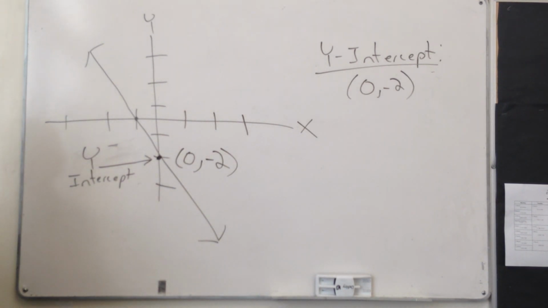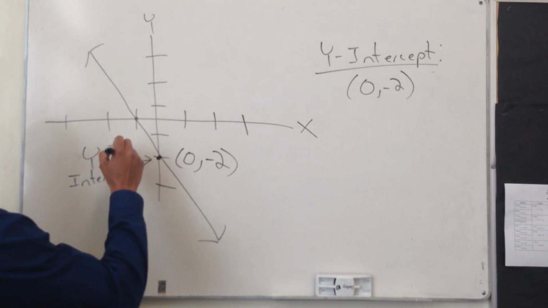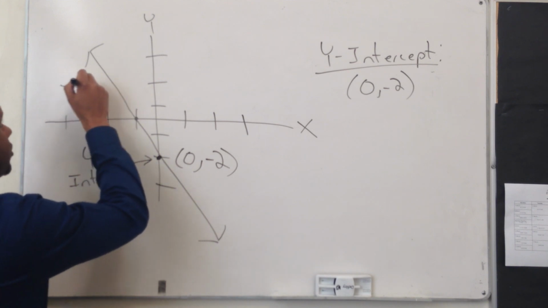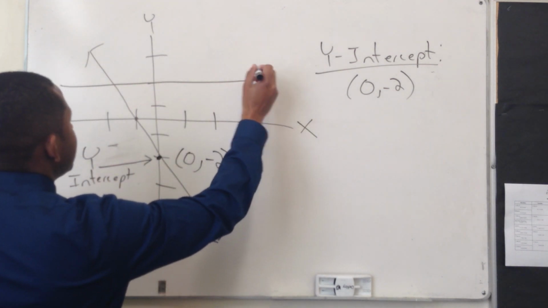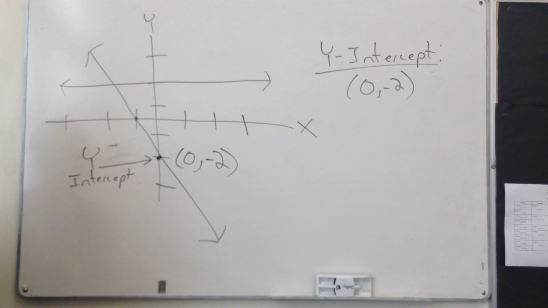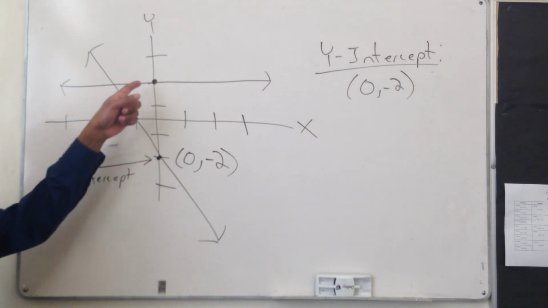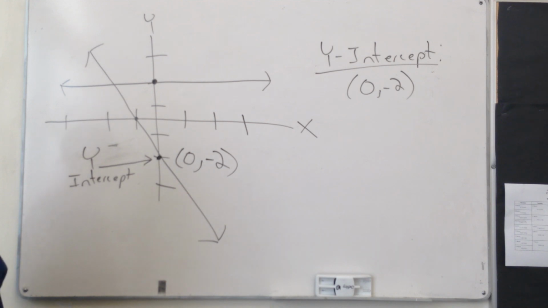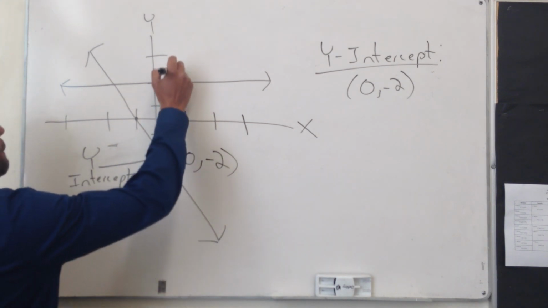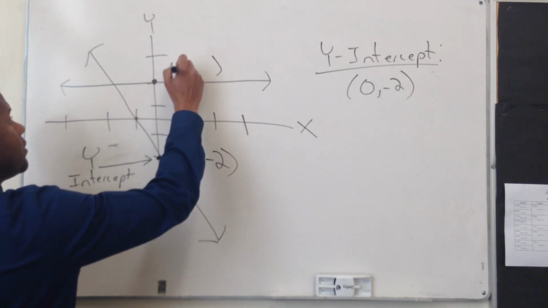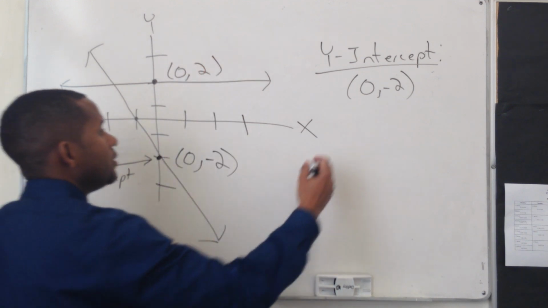Let's draw a new line. Here's this line. Here's the y-intercept of this line. Go ahead and give me the coordinates of that point. X is 0 and y is 2.